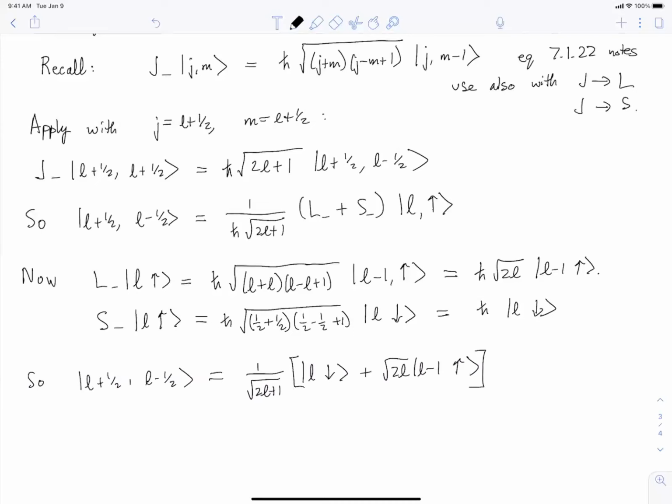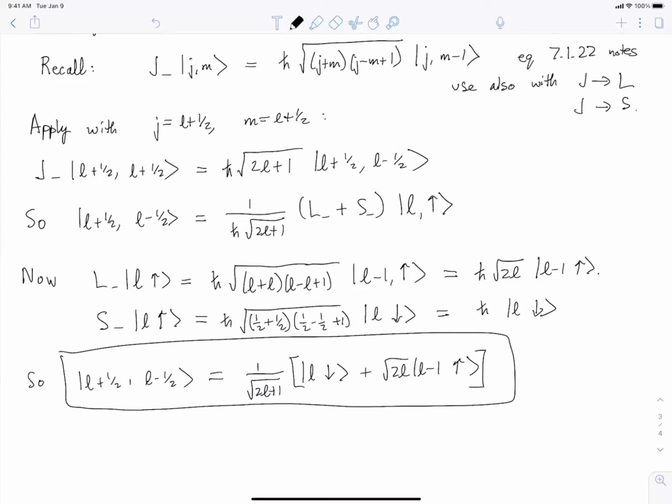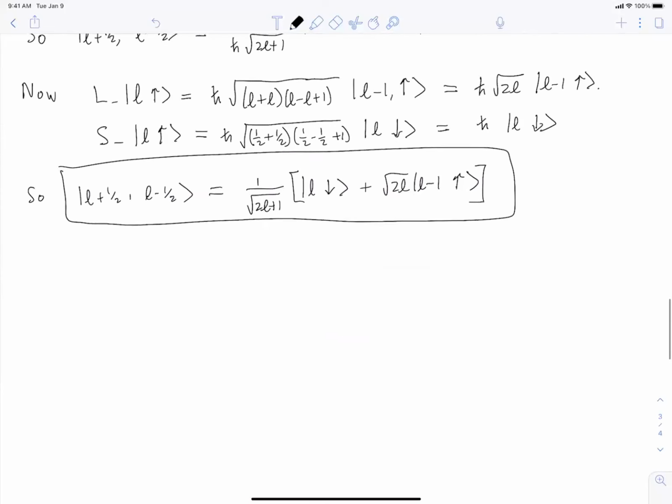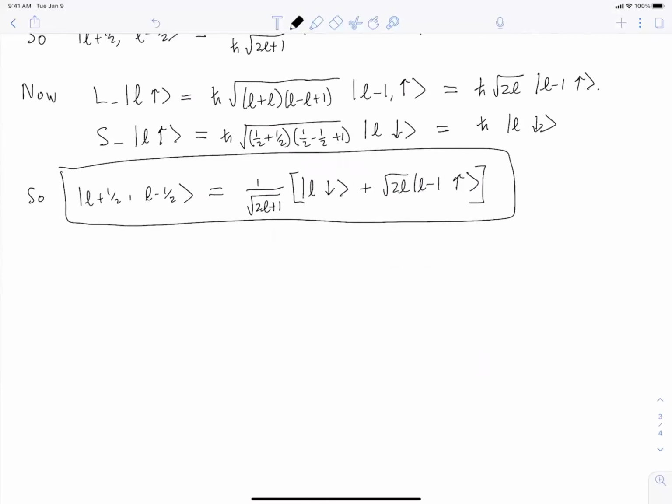Okay, so now we've constructed our second state out of 4L plus 2 total states that we need to construct in the end. Okay, and so now the strategy is just to keep acting with J minus until we can't get anything more out of it. So we act with J minus again.